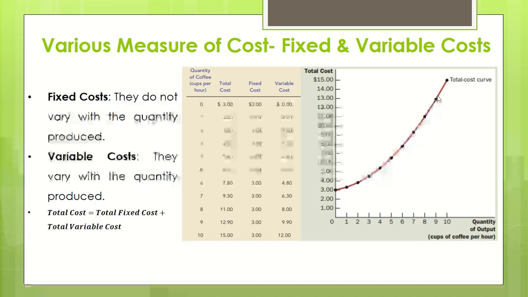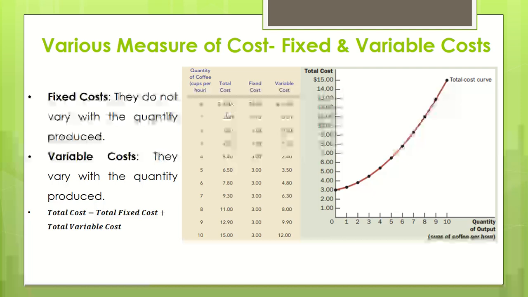So in order to elaborate that schedule and graph, just look at the table in which total cost is given as the sum of total fixed cost and total variable cost. That means total cost is equal to fixed cost plus variable cost.